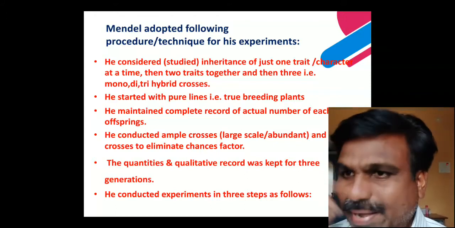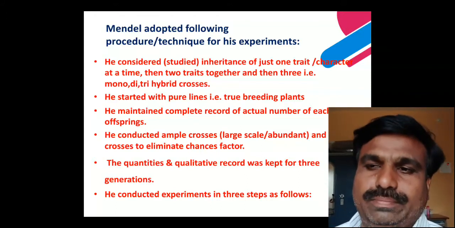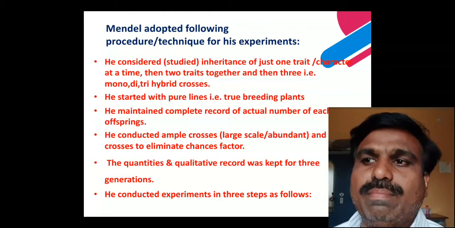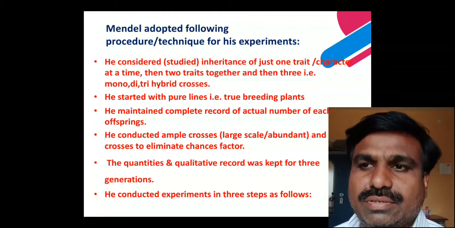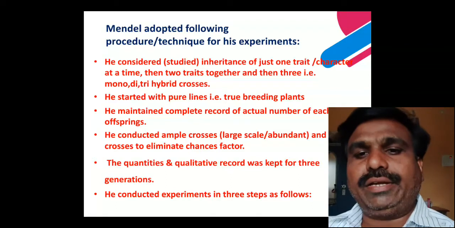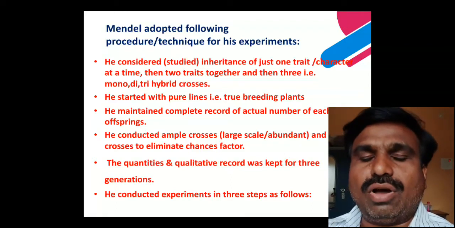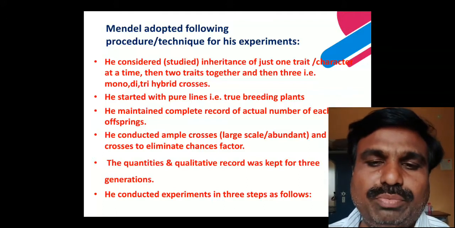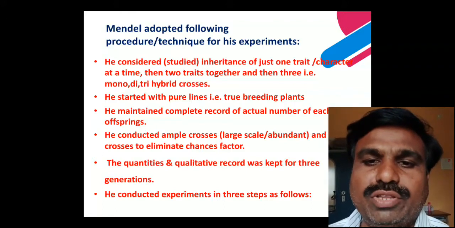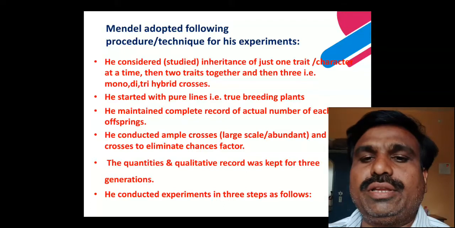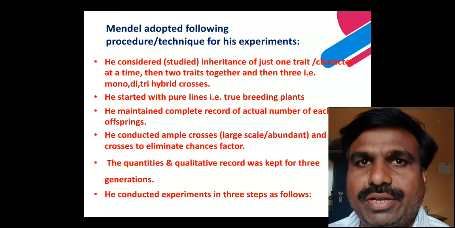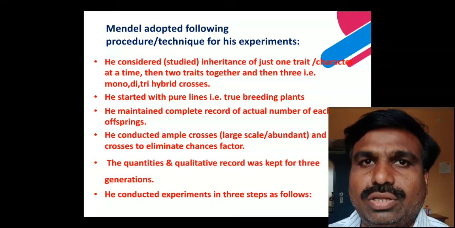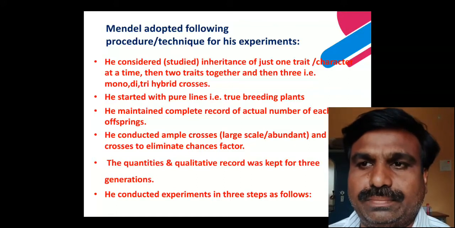He maintained a complete record of the actual number of each type of offspring obtained in the F1 generation, the F2 generation, and the third generation.